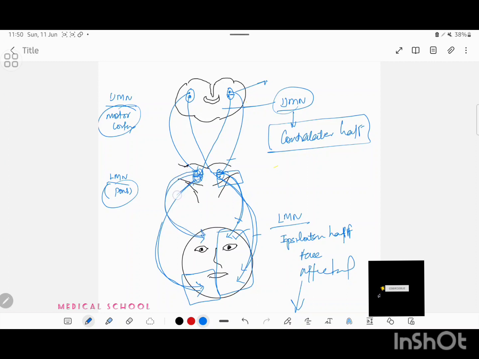The upper half supplies the upper half of the face, the lower half supplies the lower half of the face. So in UMN lesion, the ipsilateral upper part is spared due to the bilateral representation. So only the contralateral lower half nerve supply is affected, and it presents as the lower half of the face in the form of deviation. But in lower motor neuron lesion, the ipsilateral complete half of the face is affected.